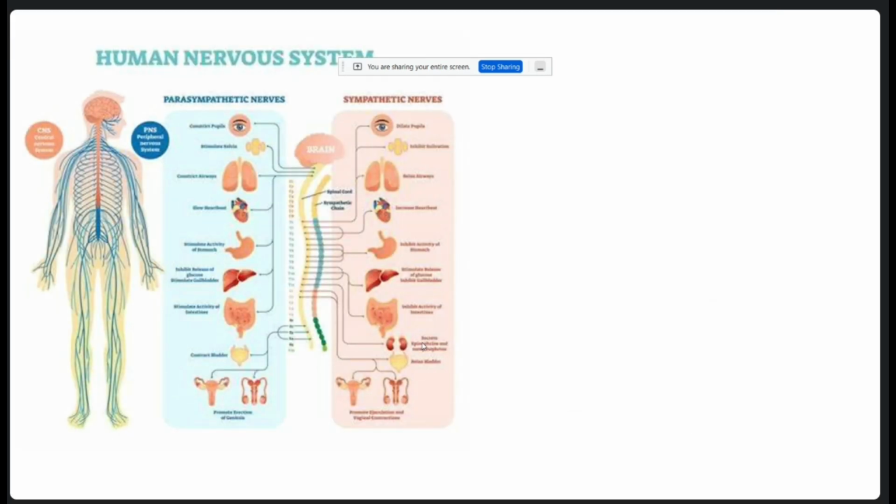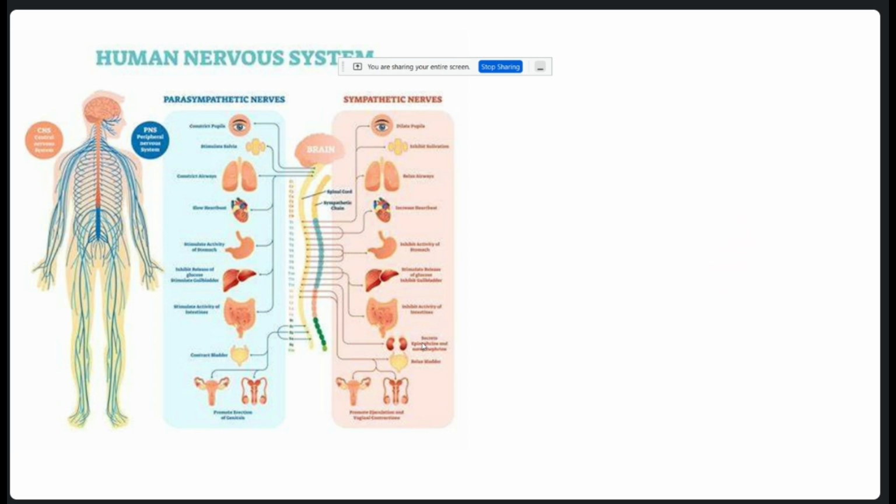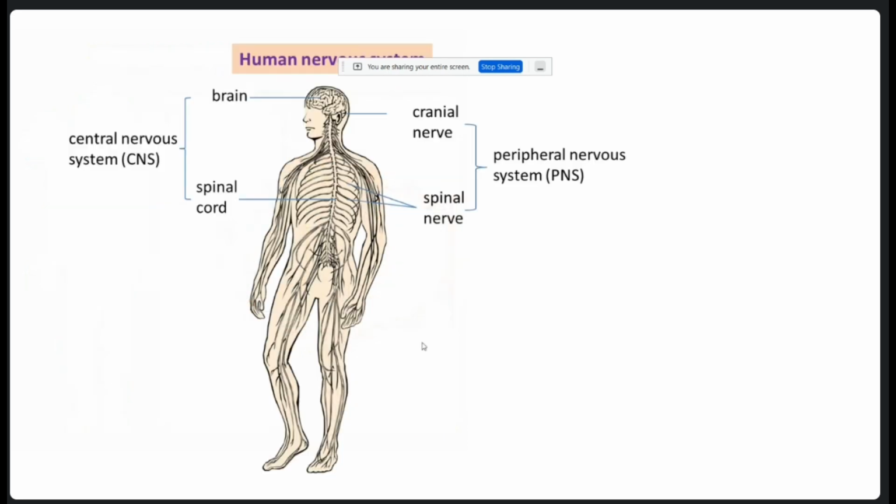So as we know, our nervous system works throughout the body, but it is maintained by the brain itself. The brain executes the orders, gives the orders, and receives the response also. As you can see in our nervous system, the human brain and the spinal cord are the major parts of the nervous system, and it's termed the central nervous system.